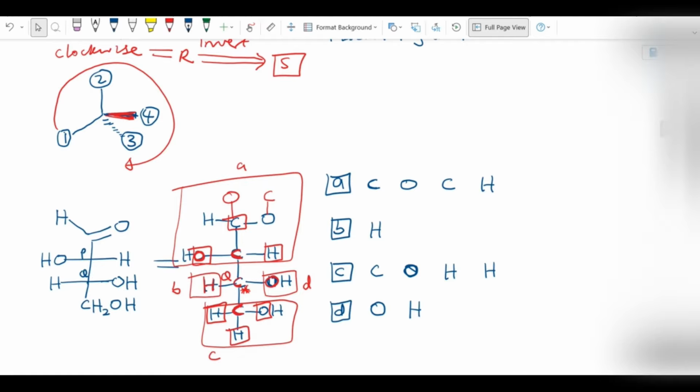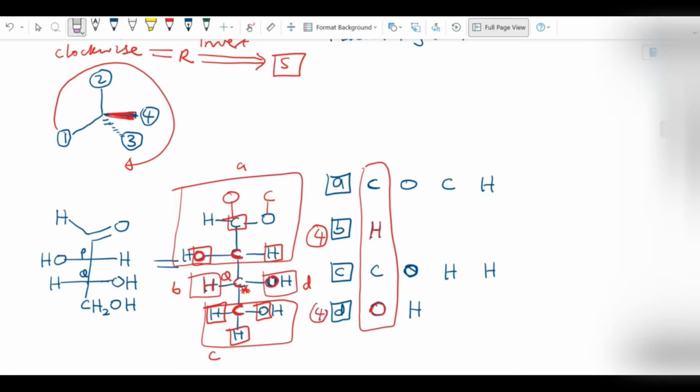Now that I've finished listing all the atoms in each of the groups, I will go ahead and compare the atoms in each column. Priority number 4 will go to the hydrogen because hydrogen has the lowest atomic number. So priority number 4 goes to B. Priority number 1 will go to this oxygen because it has the highest atomic number.